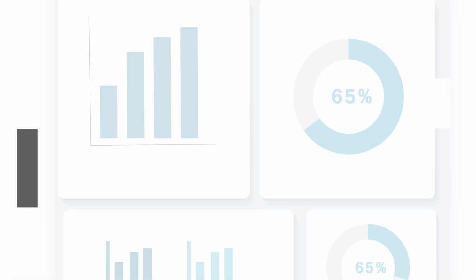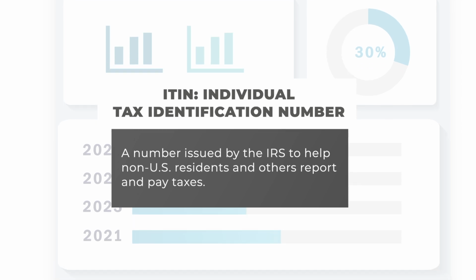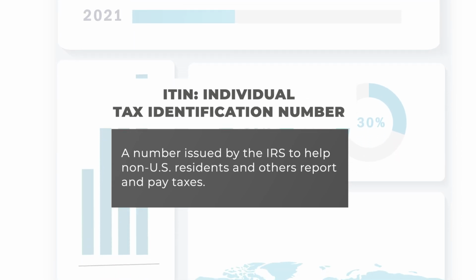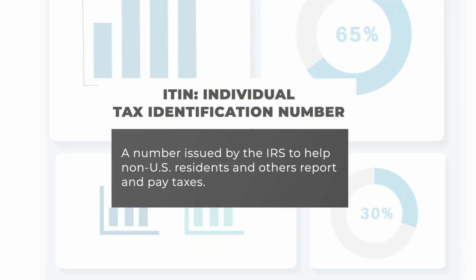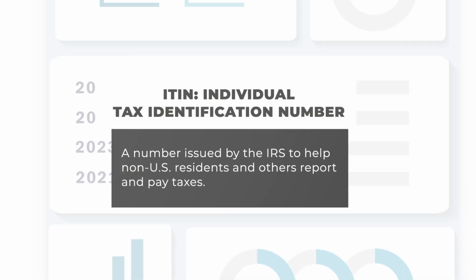But they may still have a social security number, or they may have what's known as an ITIN, an individual taxpayer identification number. The individual taxpayer identification number, known as an ITIN, is something they have to apply for, and it's used only for the purposes of filing a tax return to report the sale of the property.